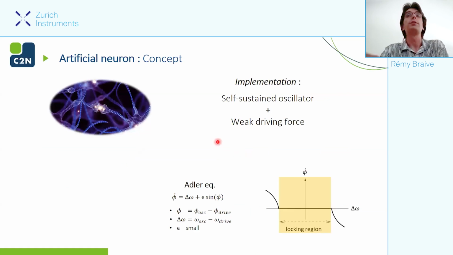So here, if you want to dive a little bit more into the concept of artificial neurons, one of the implementations, not the only one, but the one that we have developed with this optomechanical system, is to use a self-sustained oscillator, because this is what we have in hand for the moment, and to implement a weak driving force in order to take advantage of this kind of Adler equation, where the phase evolution is equal to the detuning between the oscillator and the drive, plus a small modulation and a sinusoidal evolution of the phase.